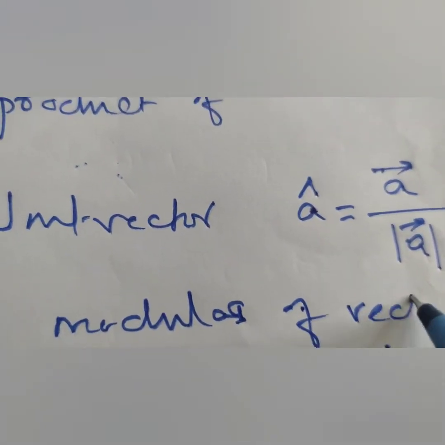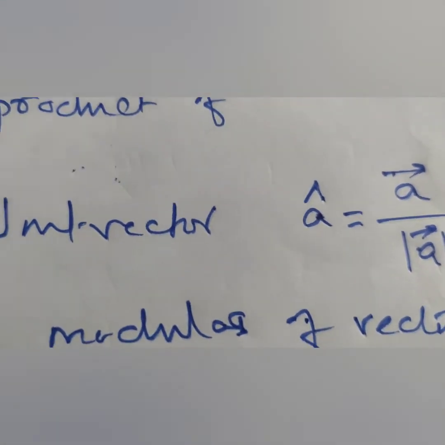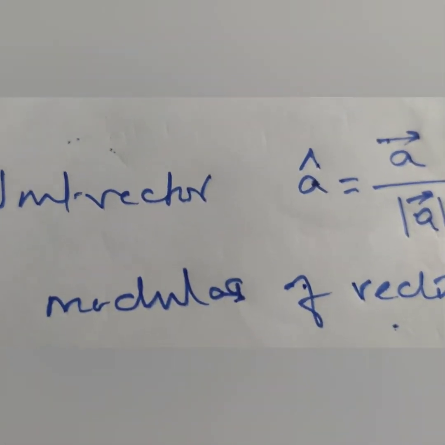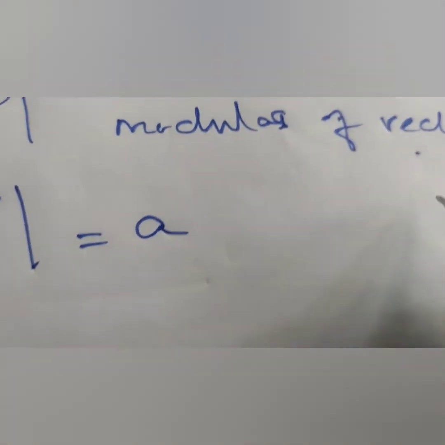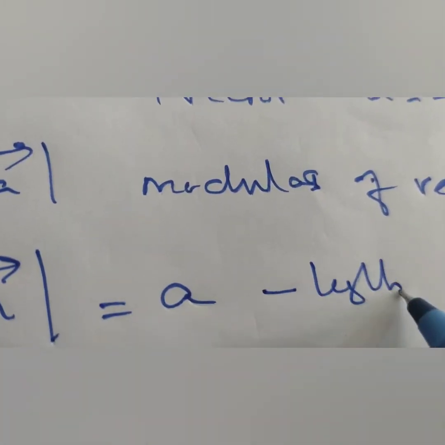Modulus of vector A is equal to A. Modulus of A is A, the length of the vector.